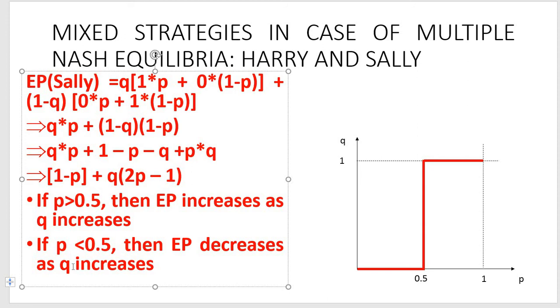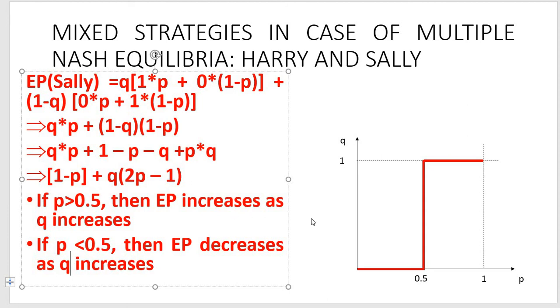If Harry decides to go to Starbucks, then it makes sense for Sally to go to Starbucks as well. And if probability P is smaller than 0.5, then for Sally, the expected payoff will decrease as Q increases. If Harry decides to go to Costa Coffee, then it makes no sense for Sally to go to Starbucks.